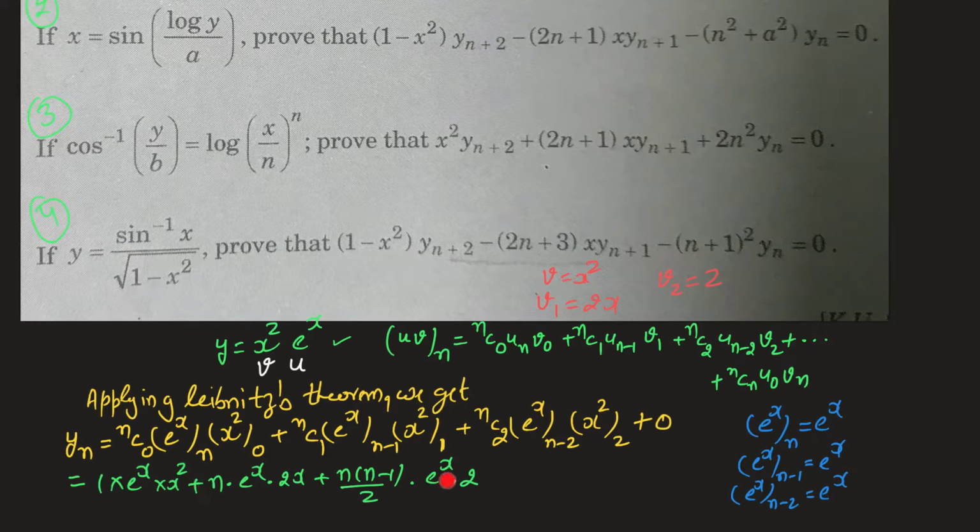So these things have been substituted. Now cancel whichever is cancelling, this 2 to 2 will cancel out, and now take e raised to the power x as common. So what will we get? e raised to the power x common, times x square plus 2nx plus n into n minus 1.